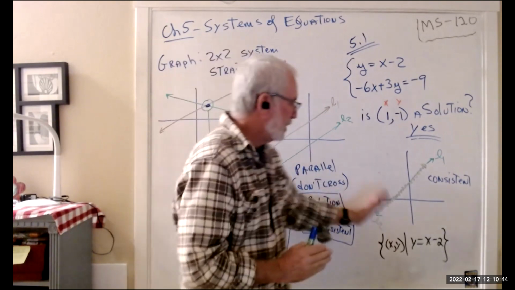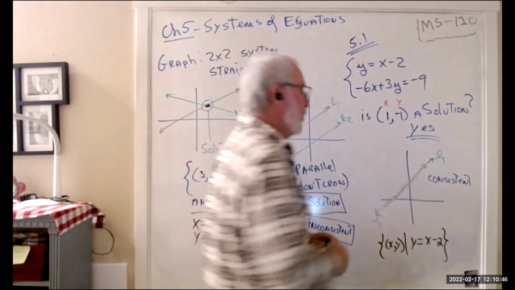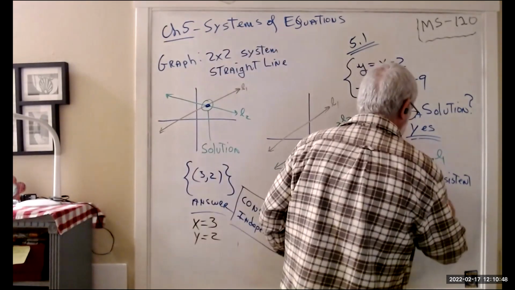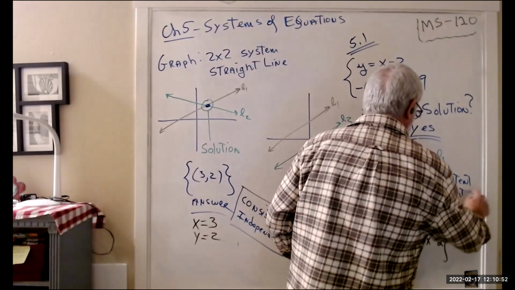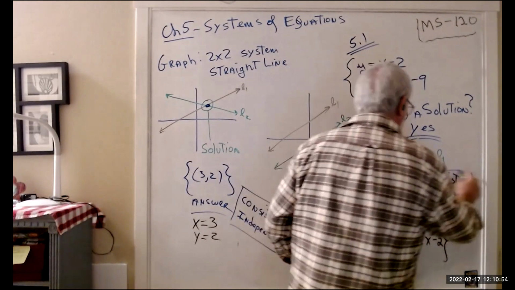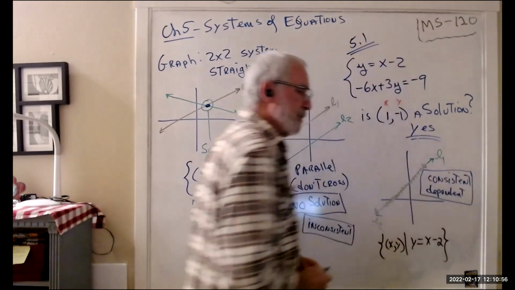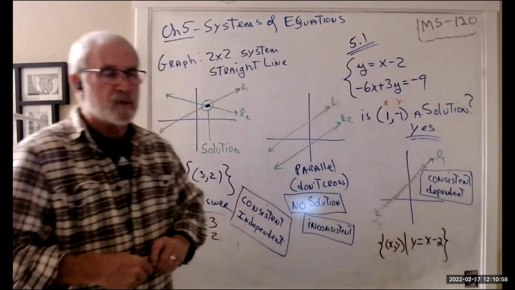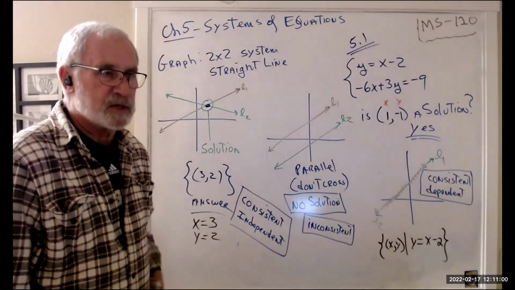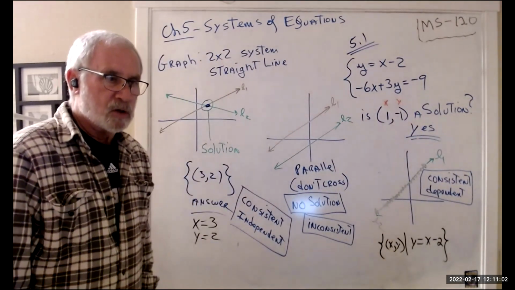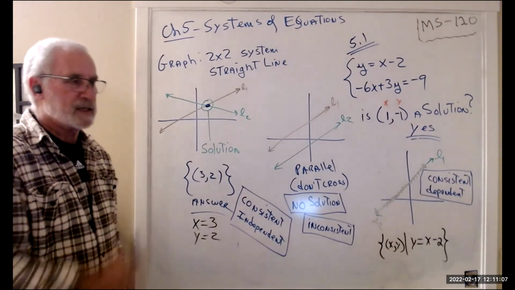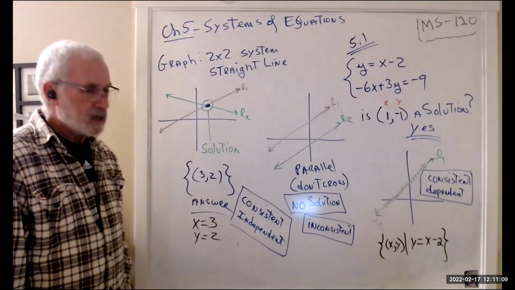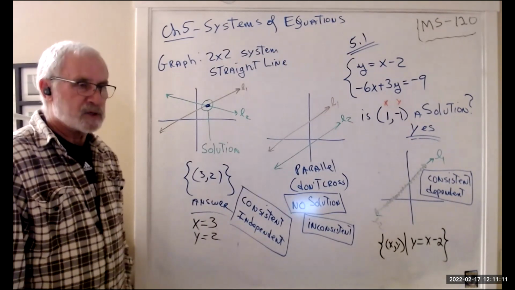Okay, the two lines, because they're the same line, are dependent. Again, a little bit of vocabulary in the homework, and to be really honest, it's in most algebra textbooks. Okay, of all the things I like to test, that's not one of them. But it is in every single algebra textbook.